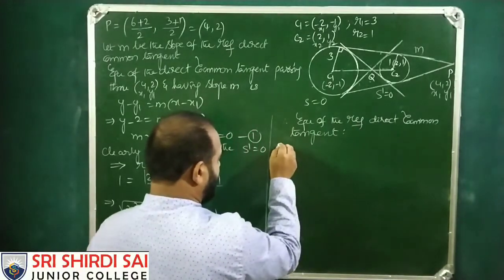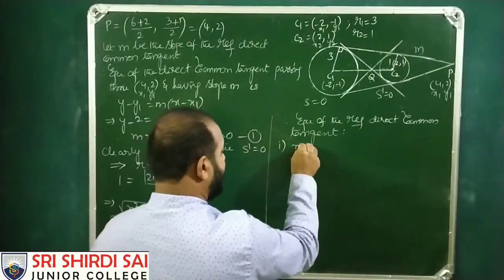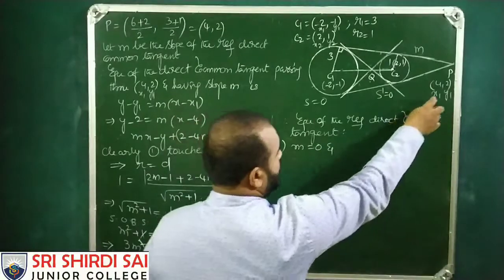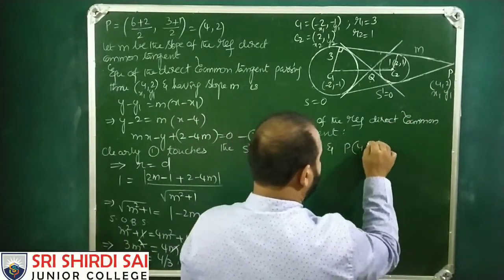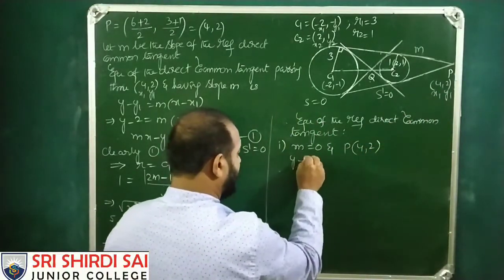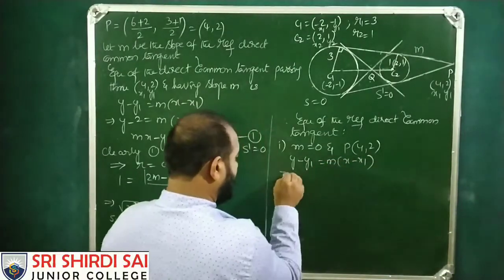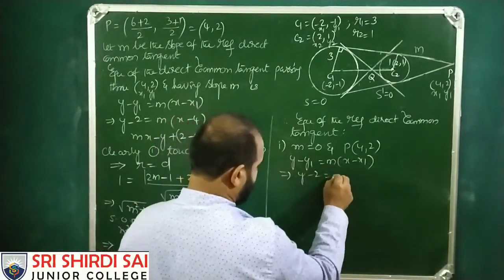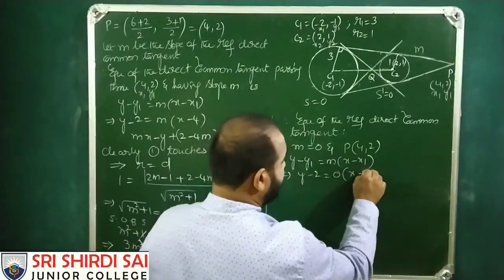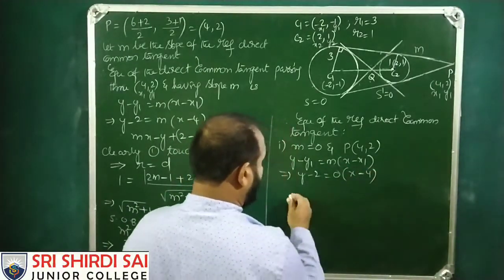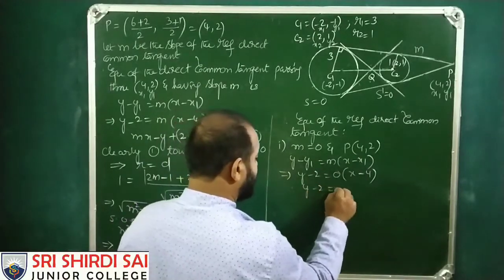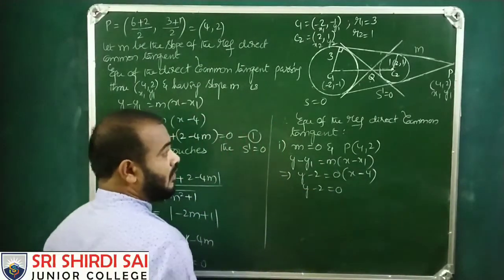So case 1, having slope m equals 0 and passing through P, 4 comma 2: y minus y1 equals m into x minus x1. So y minus 2 equals 0 into x minus 4. Therefore y minus 2 equals 0. This is one line.